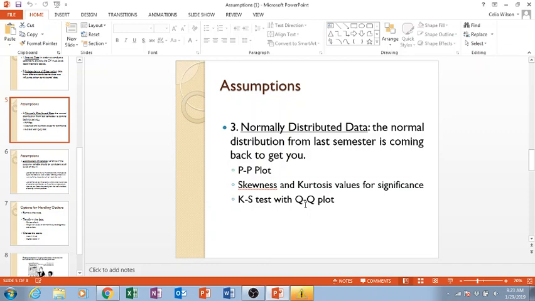So what I usually do with students is take them through 4 different ways, or actually 5 different ways to check if they have normally distributed data. And students typically gravitate toward one method or another, and then that's the one you use for the remainder of the semester. You don't have to do all 4 or 5 of the checks. You just pick out one that you like and that you find doable and trustworthy, and then go with that. All right, so we'll do some examples of these shortly.